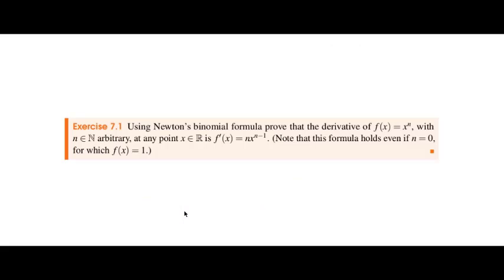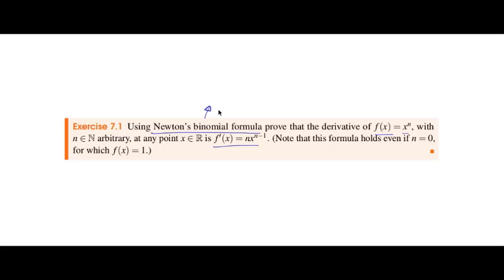An exercise for you is to derive the derivative of f of x equals x to the n, where n is a natural number. So derive that f prime is n times x to the n minus 1, using Newton's binomial formula.